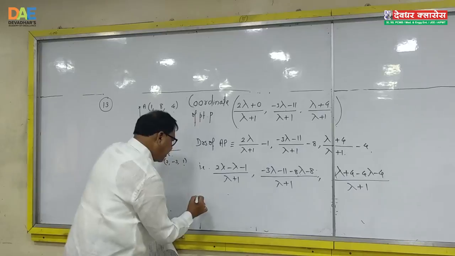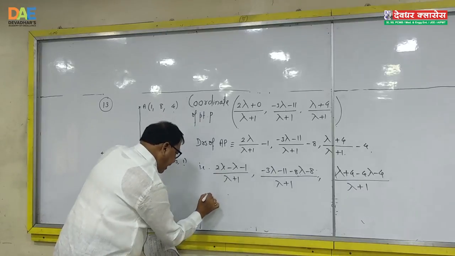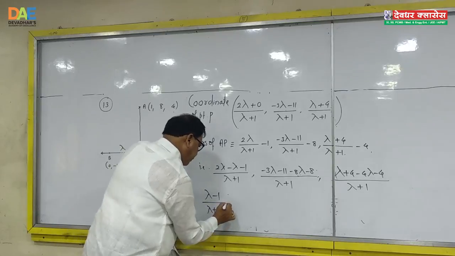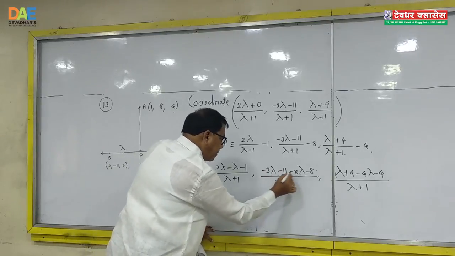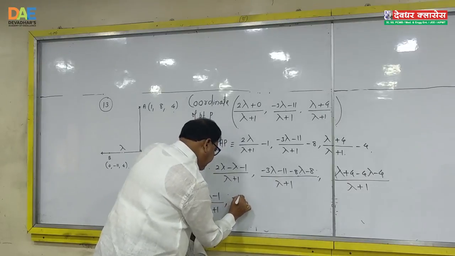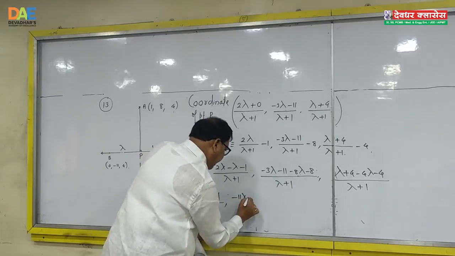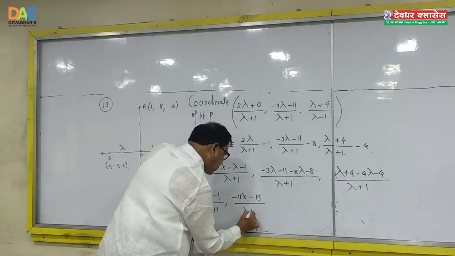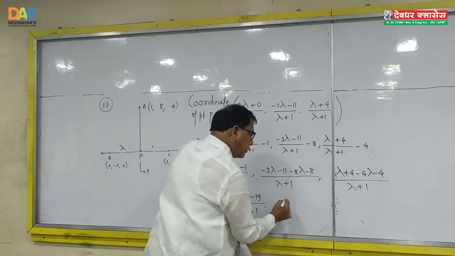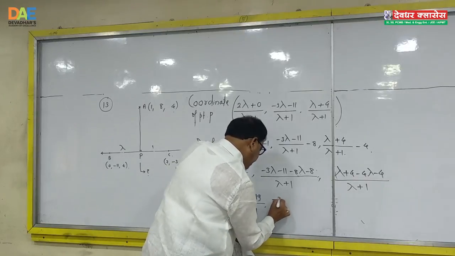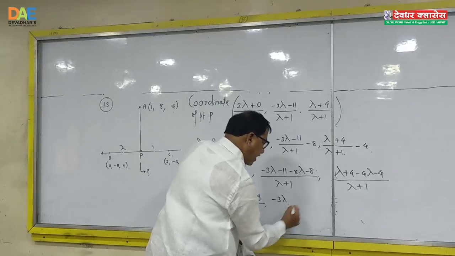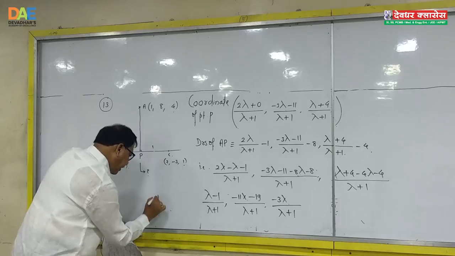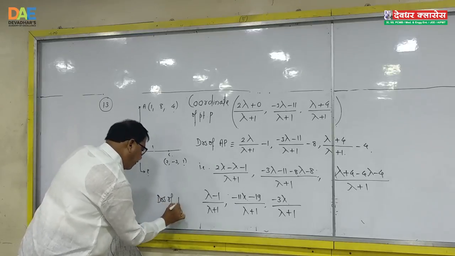That is (lambda minus 1) upon lambda plus 1, (-11 lambda minus 19) upon lambda plus 1, and (-3 lambda) upon lambda plus 1. That is the DRs of AP.